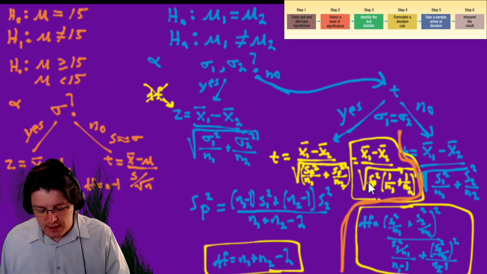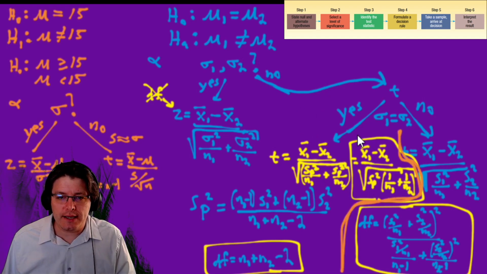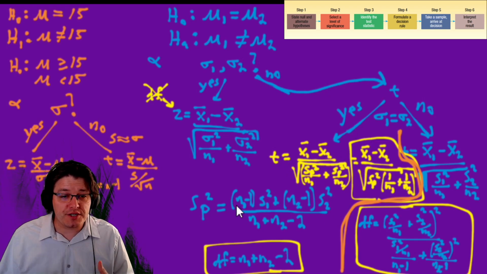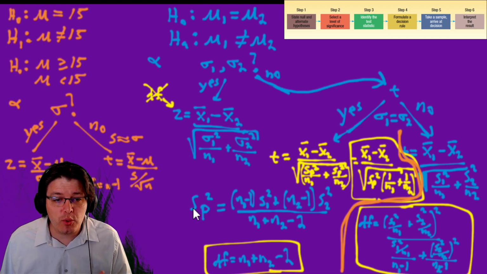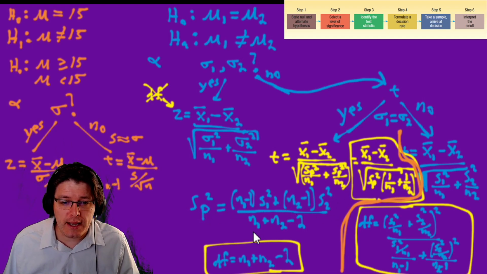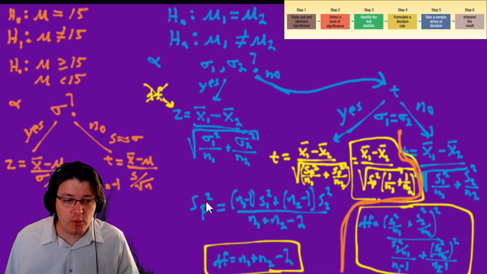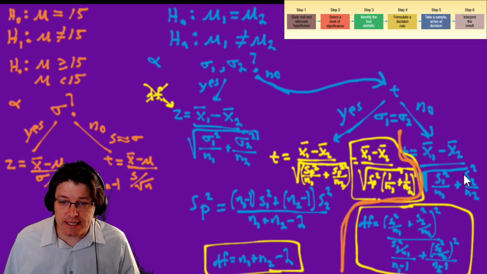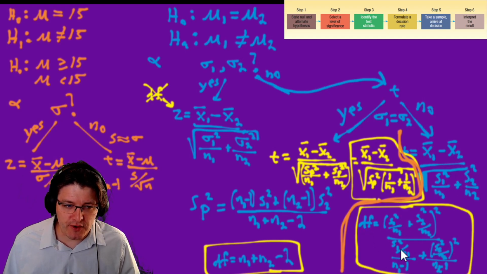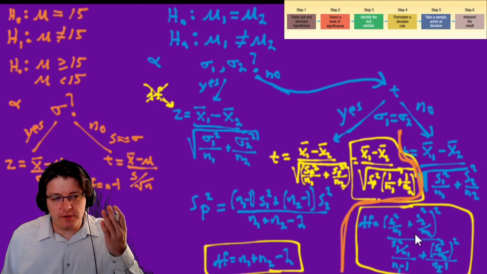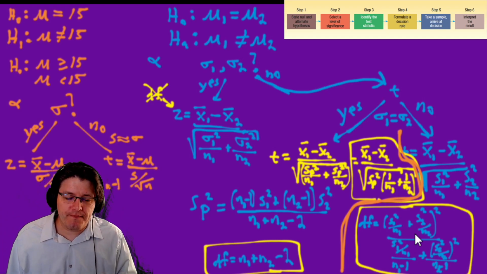If we're in the yes, then we do this form of the T, which requires us to calculate the pooled variance. And the degrees of freedom is simple. That's the nice part. If you're going through this gross pooled variance, you get the nice clean degrees of freedom. If we're over here in the no, the T value is easy to calculate, but the degrees of freedom is really gross. So you get one easy and one hard.